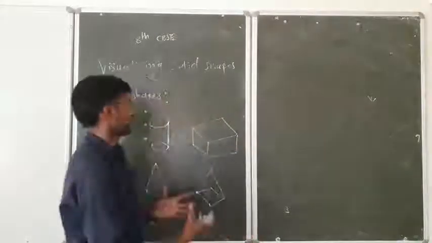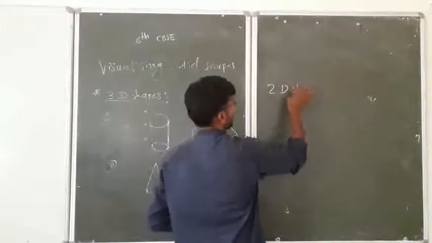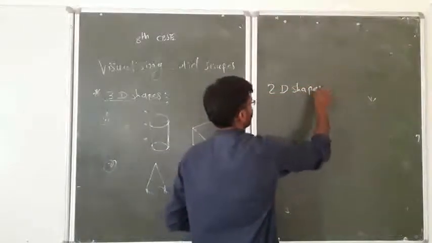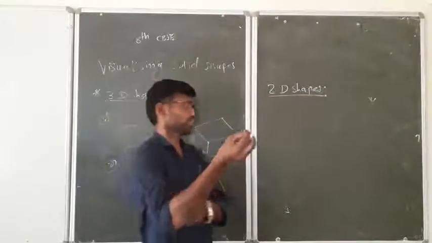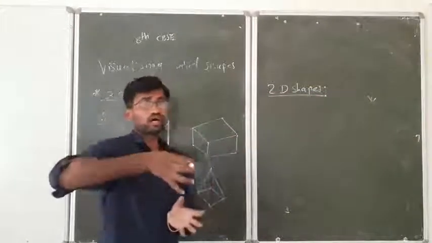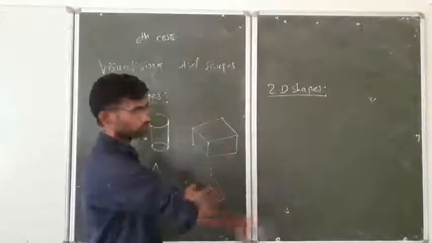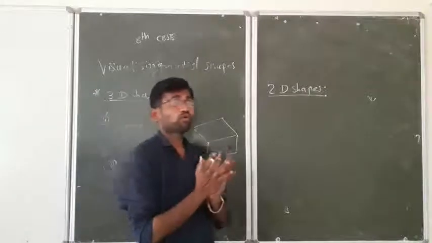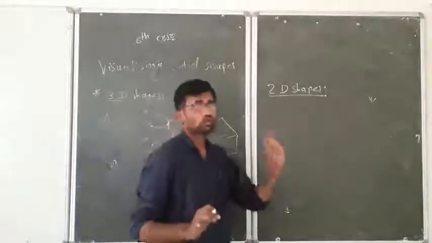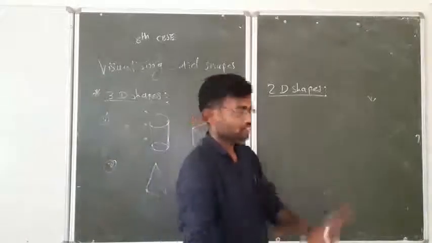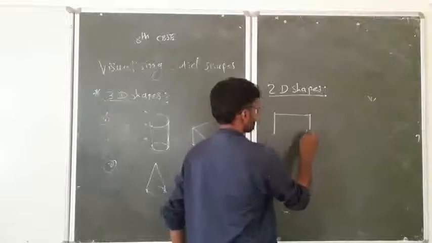And 2D shapes means 2-dimensional shapes. When we draw the figures on paper or the board, they have only length and breadth. Those are called 2-dimensional figures or 2-dimensional shapes. What are the 2D shapes?